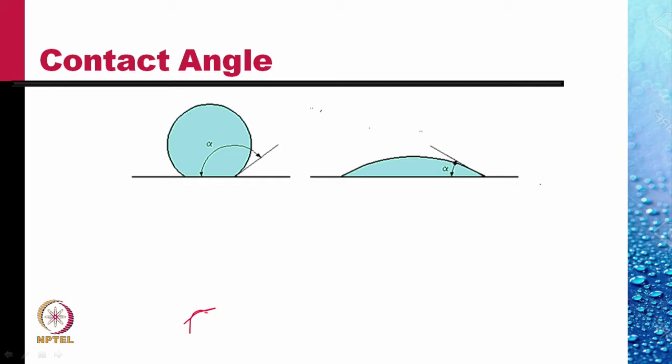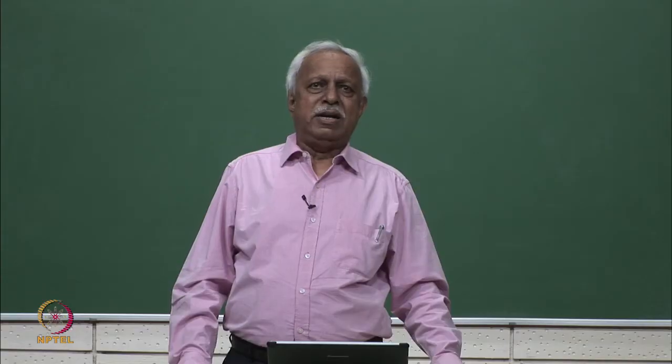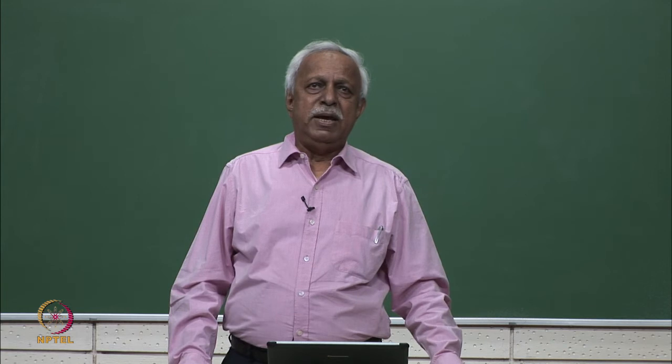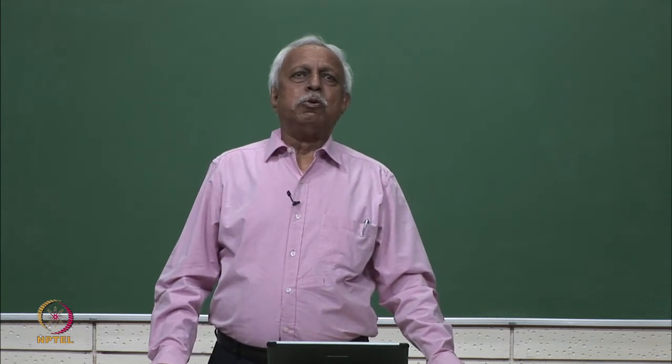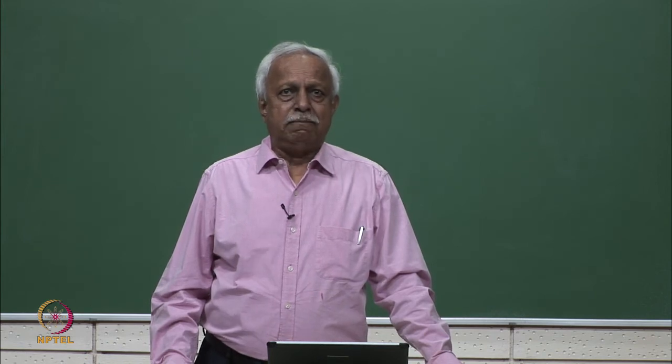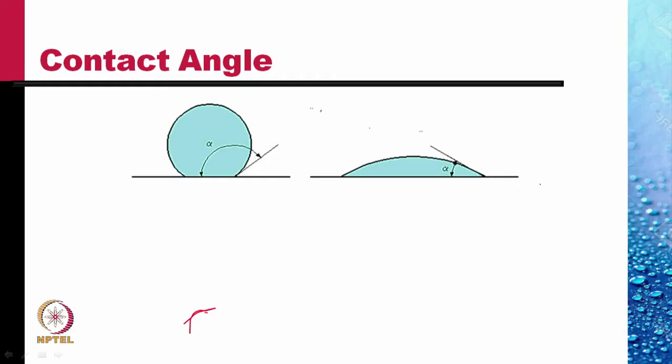On glass, water has a very low contact angle, almost zero. Water wets the glass almost completely. But mercury does not wet glass, and the mercury would be sitting on glass as almost spherical bubbles, so that the contact angle alpha is 180 degrees.